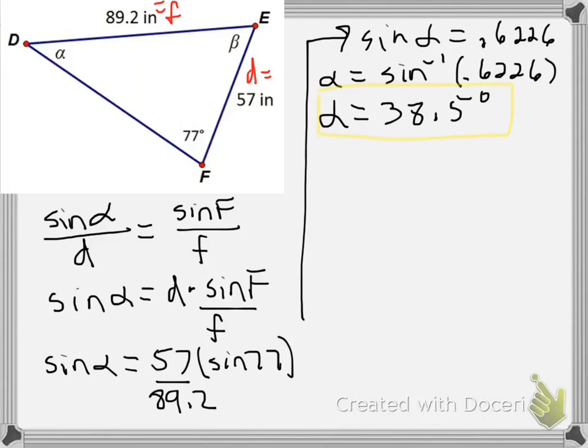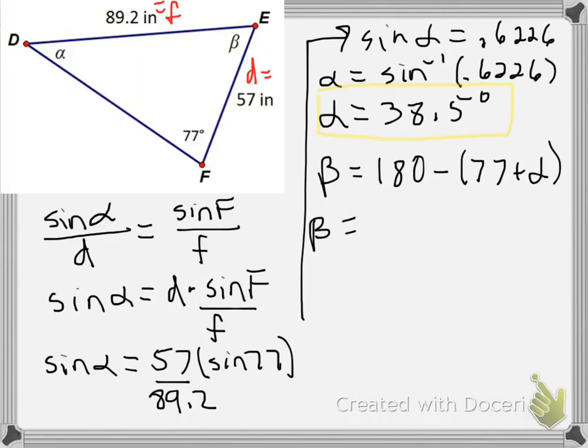And that was one of our answers we needed. And they said it's an acute triangle, so we know all the angles have to be less than 90. So hopefully that works. So then we know that beta is 180 minus 77 plus alpha. So I can just take alpha and put it right there.